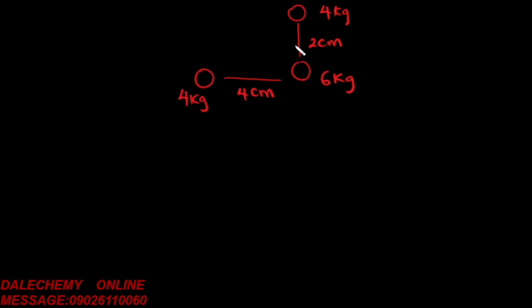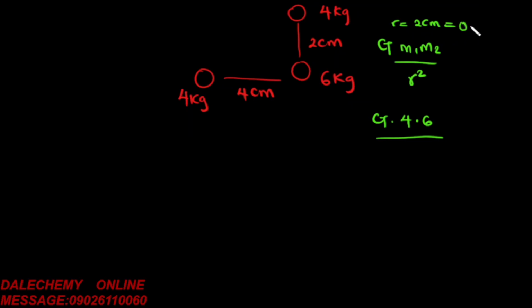You have to find the force of attraction between M1 and M2, which will be G M1 M2 over R squared. That will be G times M1 is 6, M2 is 4, over R squared. Now your R must be in meter. Because you're having 2 centimeter here, it will be 2 divided by 100, that is 0.02 meter. So you have 0.02 squared.